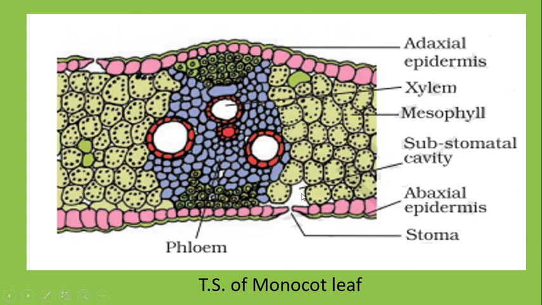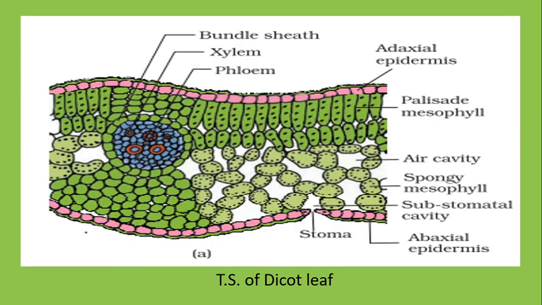Okay. Then mesophyll tissue. If we look at the monocot, here the mesophyll tissue is not differentiated. Okay. It is similar type. All the cells are isodiametric and compactly arranged, so the mesophyll tissue is not differentiated, and all the cells are of similar type. But in case of the dicot the mesophyll tissue is differentiated into two types of cells, palisade and spongy.